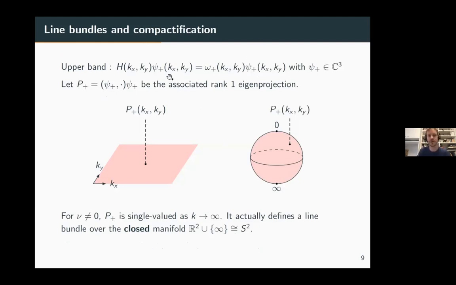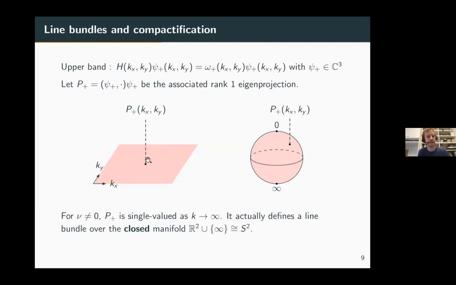So let's focus on the upper band. So you have the eigenvalue equation, the solution of this equation with psi plus, which is a vector in C3, and omega plus is just the frequency band. And you consider the eigenprojection associated to this psi plus, which is a rank 1 eigenprojection.